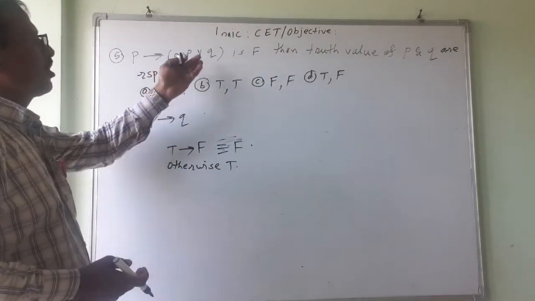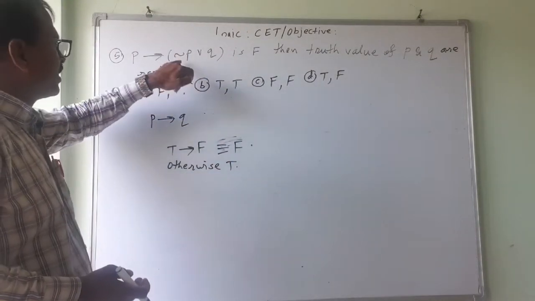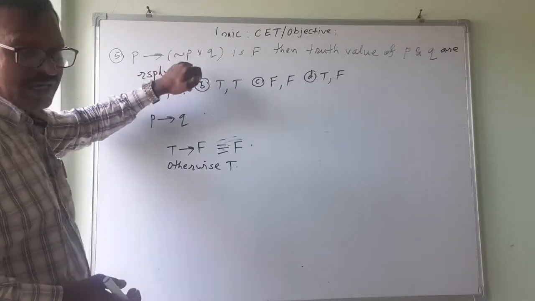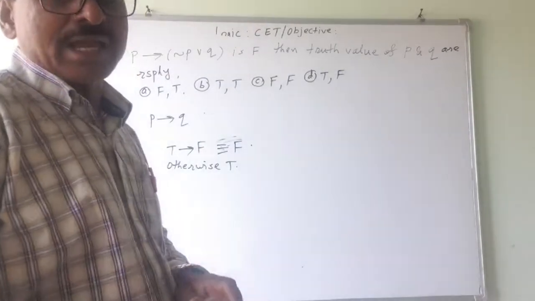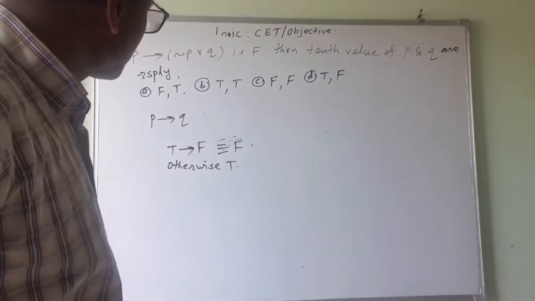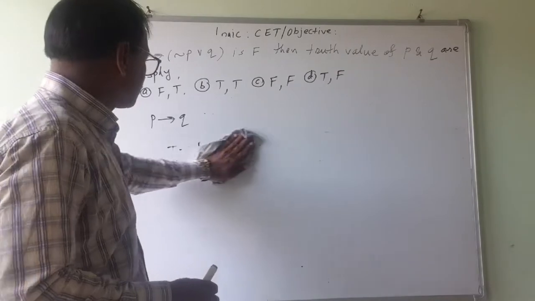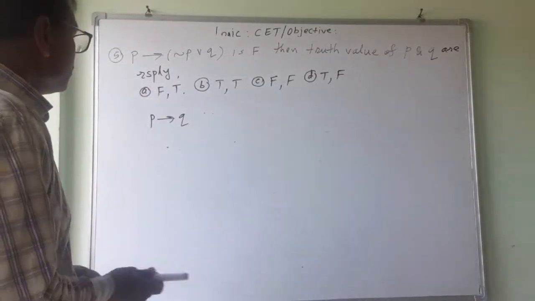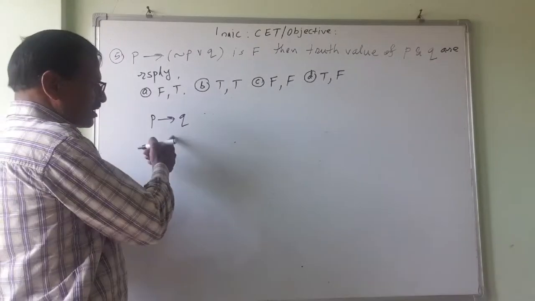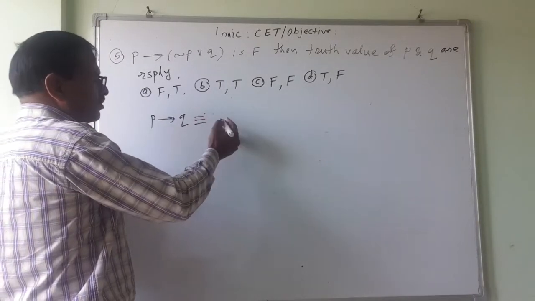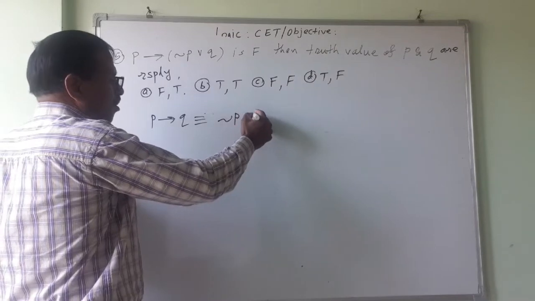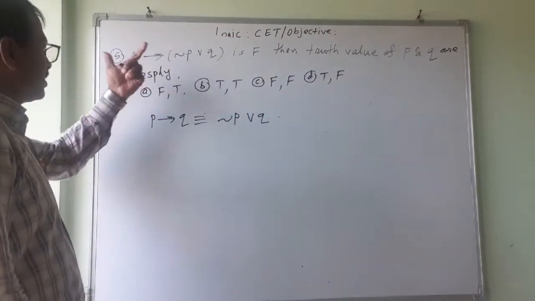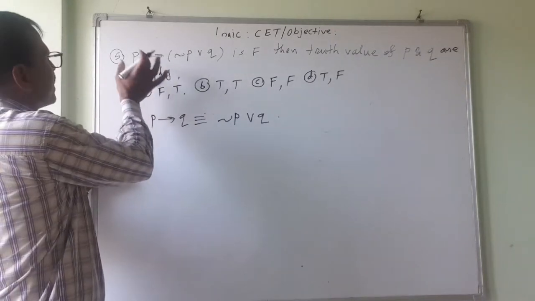Now negation P or Q, negation P means here it is P. Now if I construct the circuit, can I construct the circuit? Yes, I can construct the circuit. Just check it. By constructing the circuit also we can go for this. If I want to construct the circuit of this, this is equivalent to negation P or Q. This is the meaning of this.